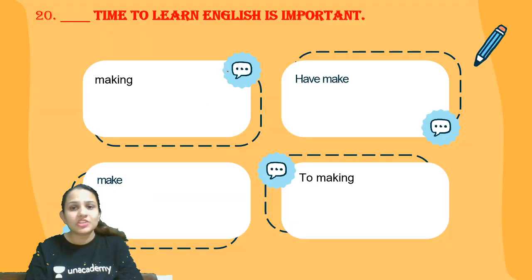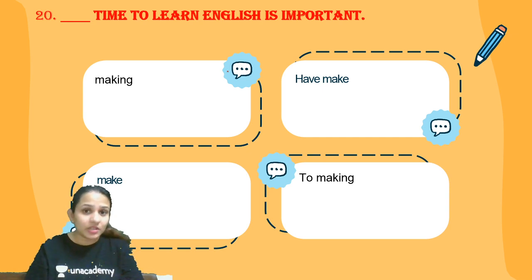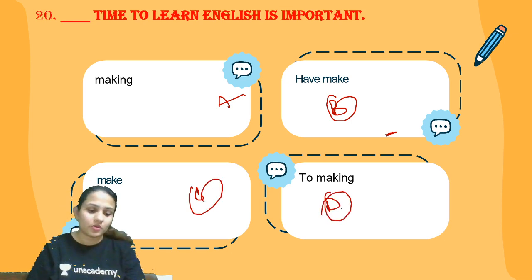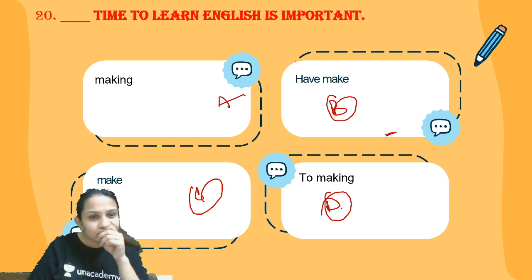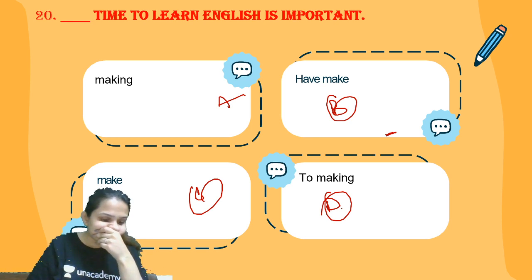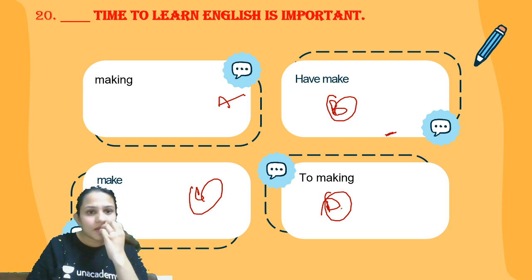Dash time to learn English is important. It's a general English question. Making time to learn English is important. Have make time to learn English is important. Make time to learn English is important. To making time to learn English is important. It's a very basic general English question. Making, have make, to making.